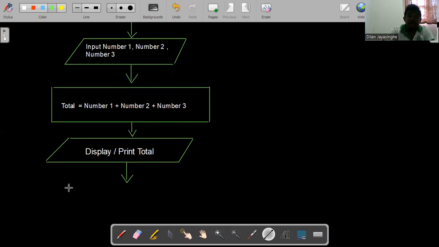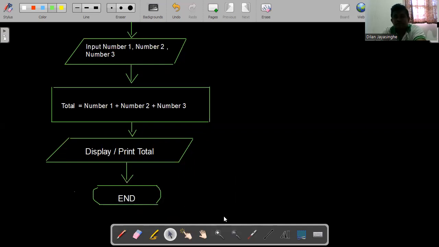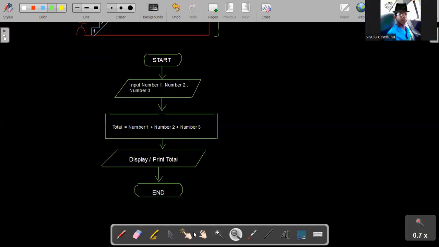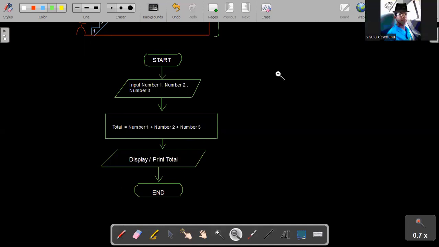So at the end, we are using the same symbol as the beginning of the algorithm. End. This is start, end. Now understood, right?